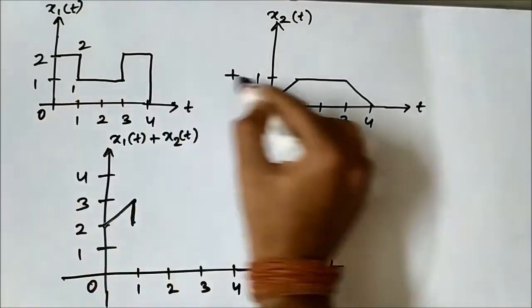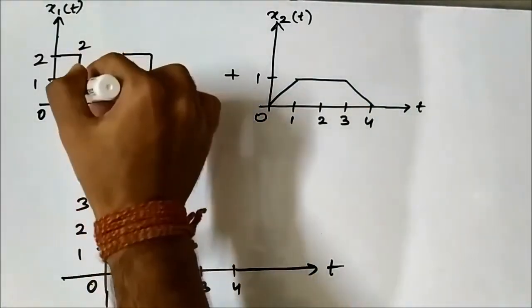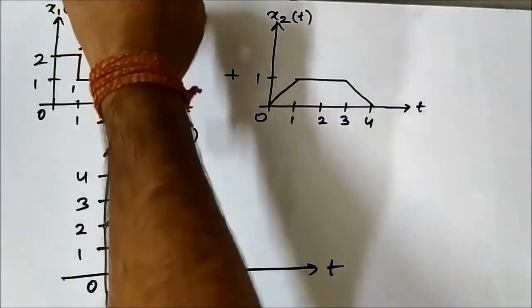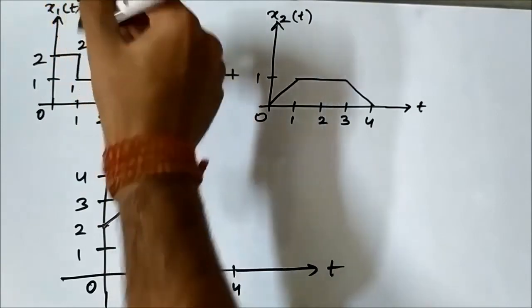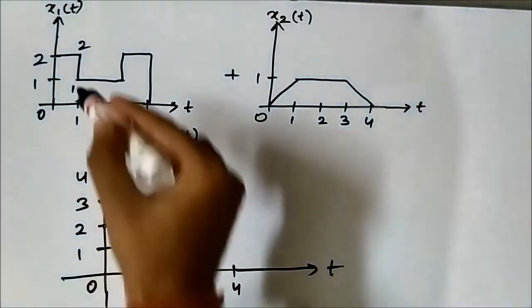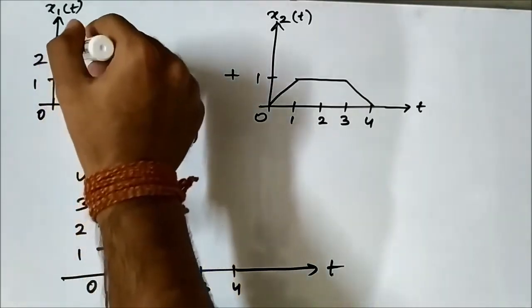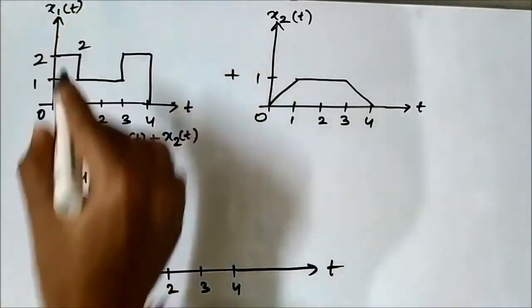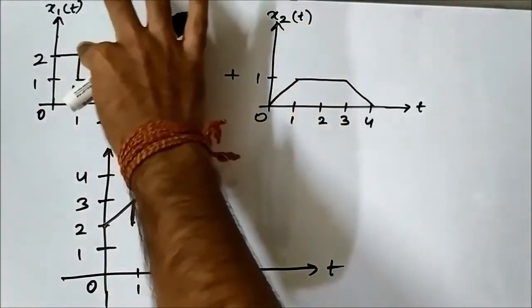And for this 1, when we add 1 with it, it will become 2. So we have to consider these two points because there is a high to low transition from 2 to 1. This point is very important, because there is a transition having two amplitude values at t equals 1.